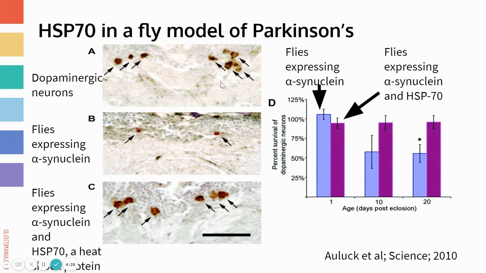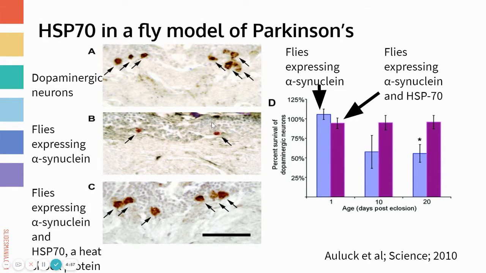They are using flies, and so these neurons are in flies. In these flies, they expressed one of 2 things. Some of the flies, they made express alpha-synuclein, which is a protein that aggregates and is associated with Parkinson's disease. In other flies, they expressed alpha-synuclein, but they also expressed HSP70, this heat shock protein, or chaperonin.